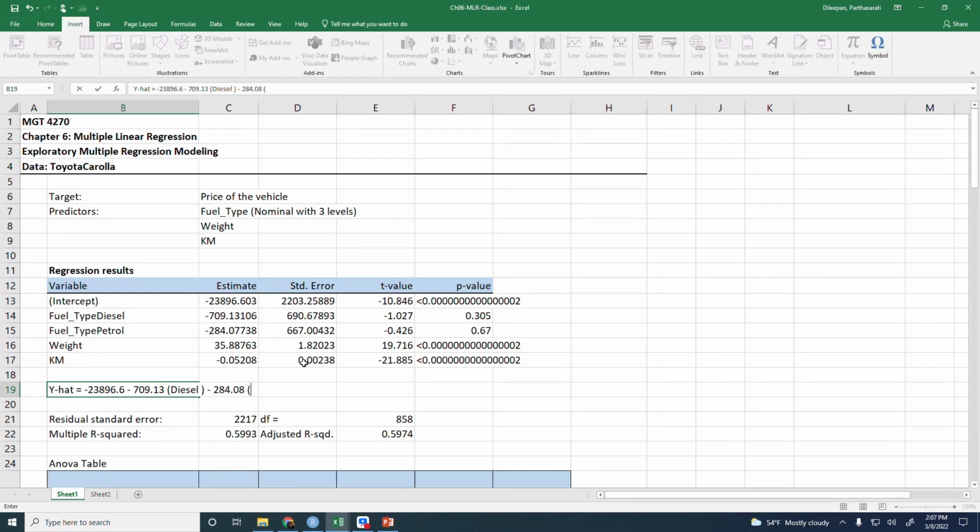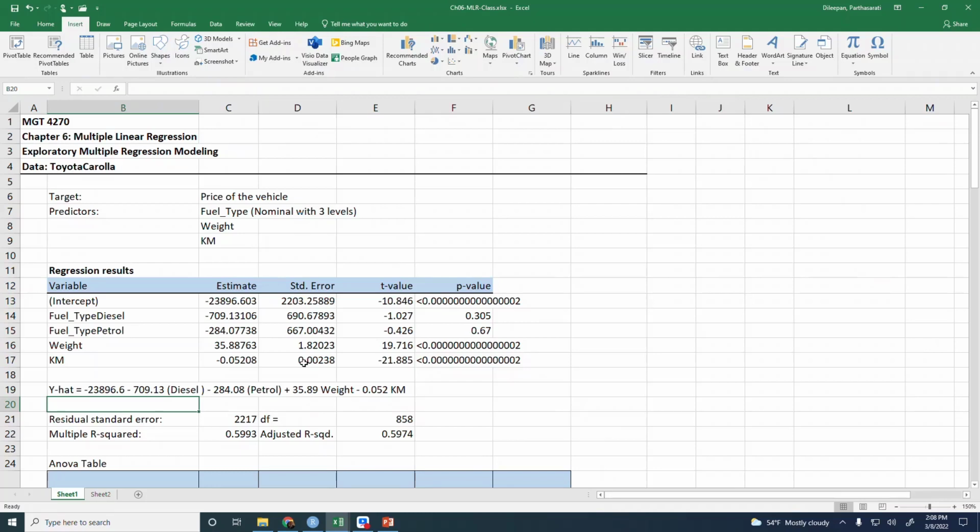So that would be petrol. And then plus 35.89, approximately, weight times weight, and then minus 0.052 kilometers. So that's our y hat.